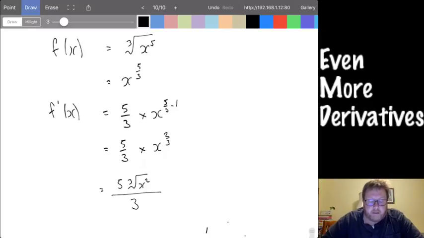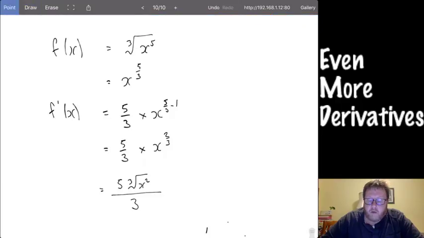So when f of x equals the cube root of x to the power of 5, then f dash of x is equal to 5 times the cube root of x squared all over 3. And that's basically it. So with this last example here, we've now extended our power rule to looking at indices which are negative and indices which are fractions. And that should be enough for you to have a go at doing some problems of that nature.